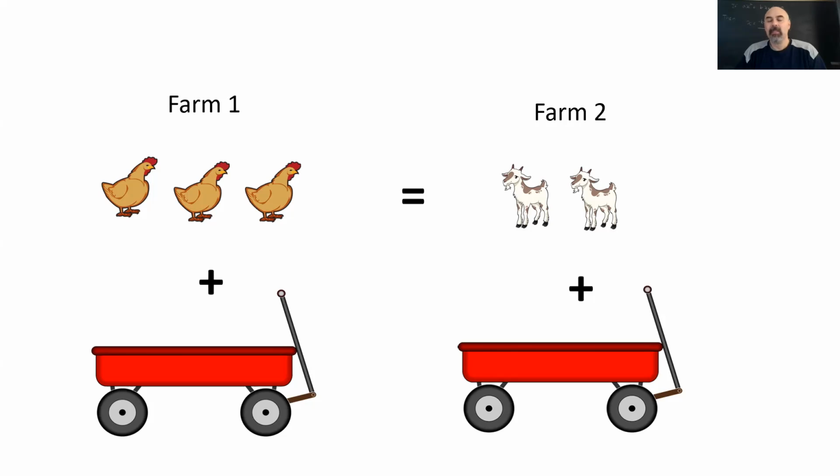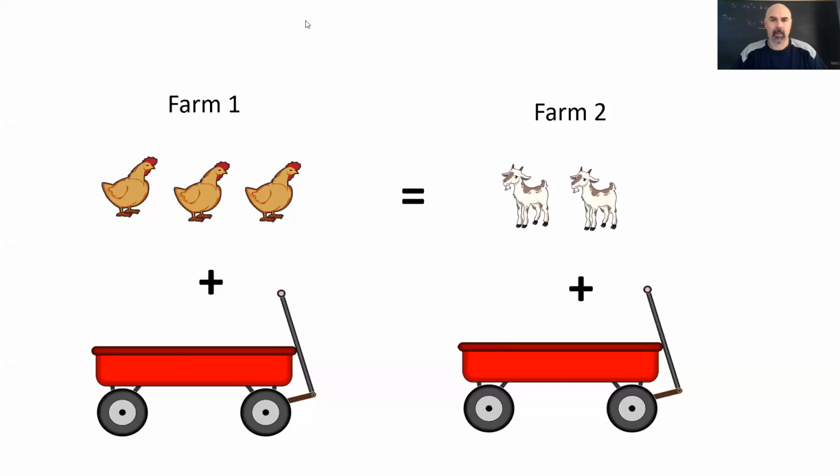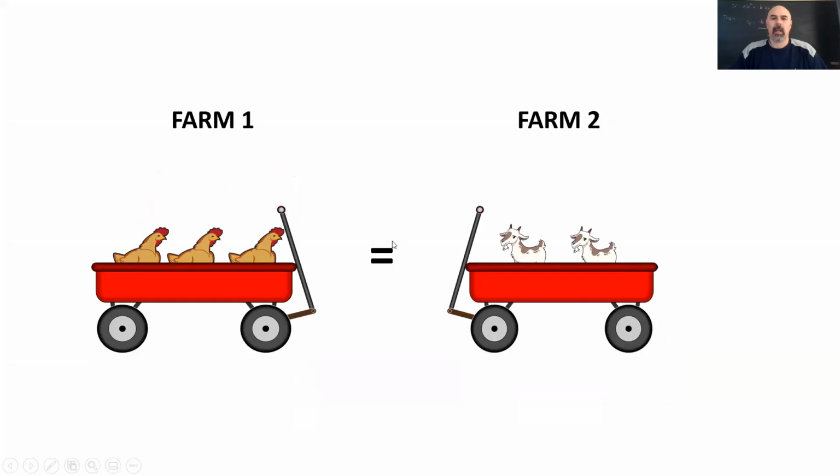This is really the concept we're going to be talking about today, where as long as we keep things equal, we can essentially do anything because the values will stay the same. So we can just trade our wagons and we have exactly the same thing.